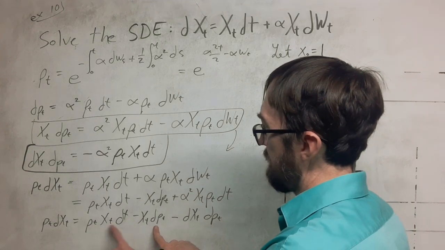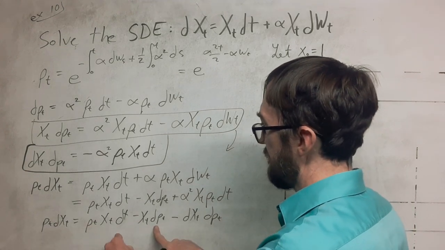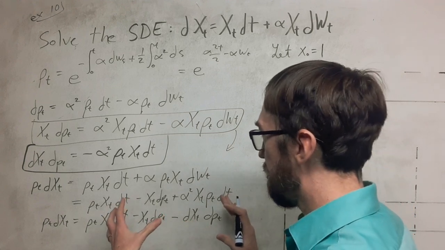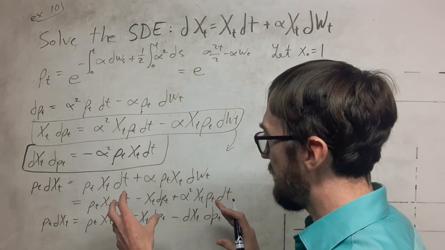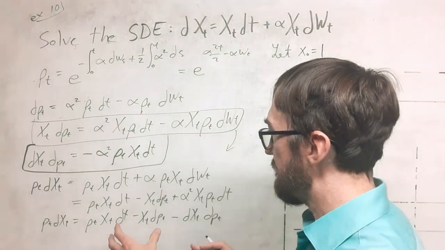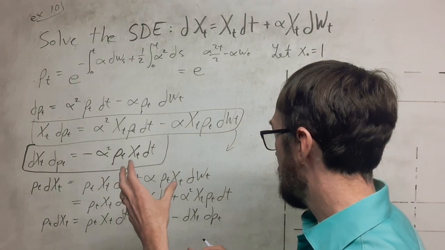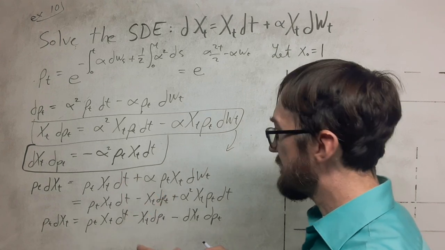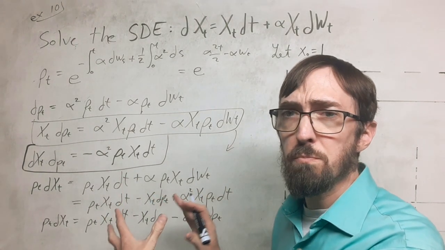So we could push this term to the other side and bring this in, because what we're trying to do is get the form that we need so that we have the derivative of x sub t rho sub t is equal to an expression here.